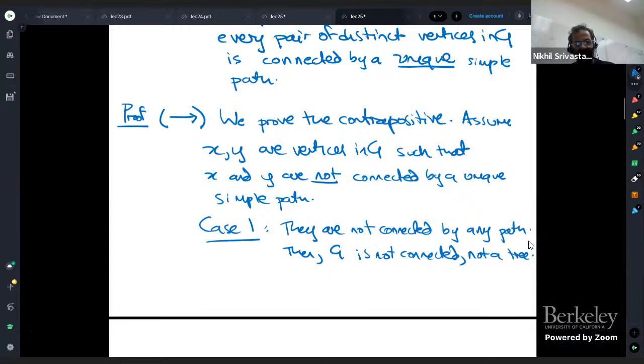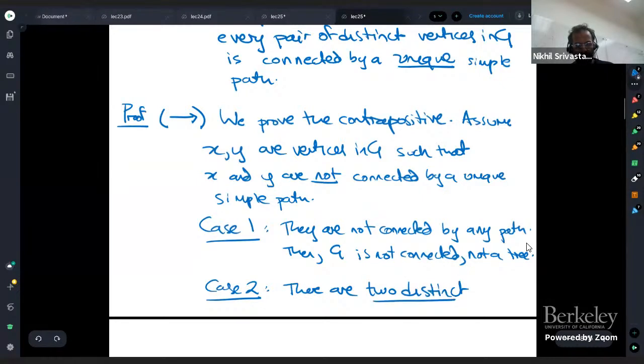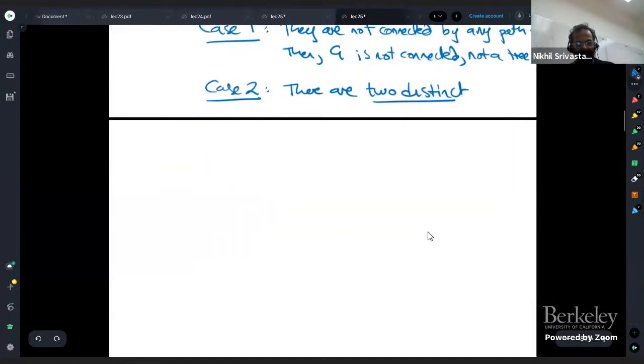Case two is more interesting. Case two is that they're connected by two distinct simple paths.